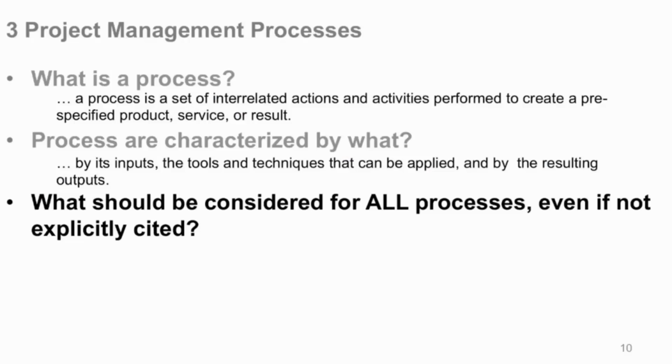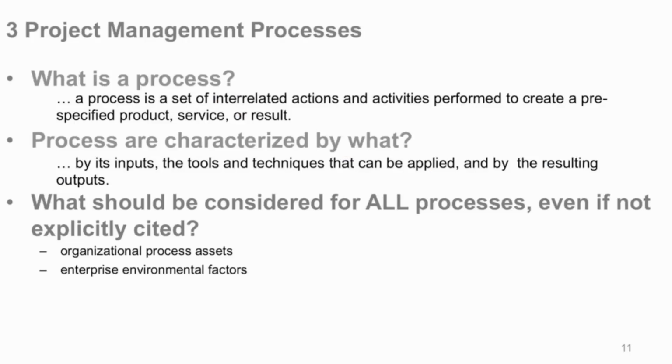If they don't, still, your organizational process assets and your environmental factors need to be considered even if they're not specifically mentioned, because they may apply, they may have some influence. In fact, that is a recommendation in the PMBOK, that you should do this. Of course, if they are specifically cited, then you'd want to pay particular attention to what they're talking about there, because they will help modify your tool and technique to produce the output you want.